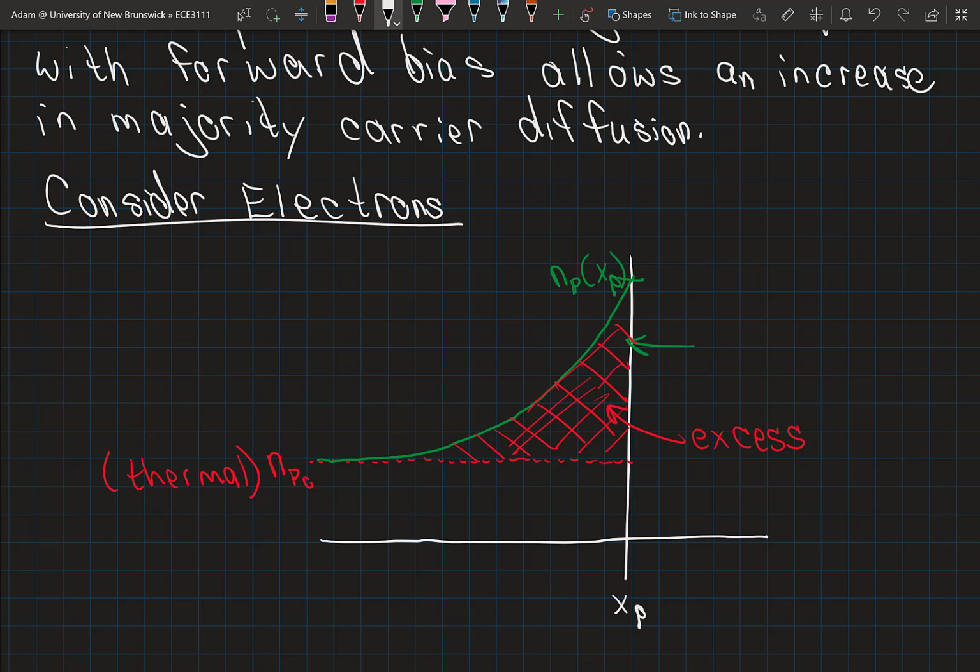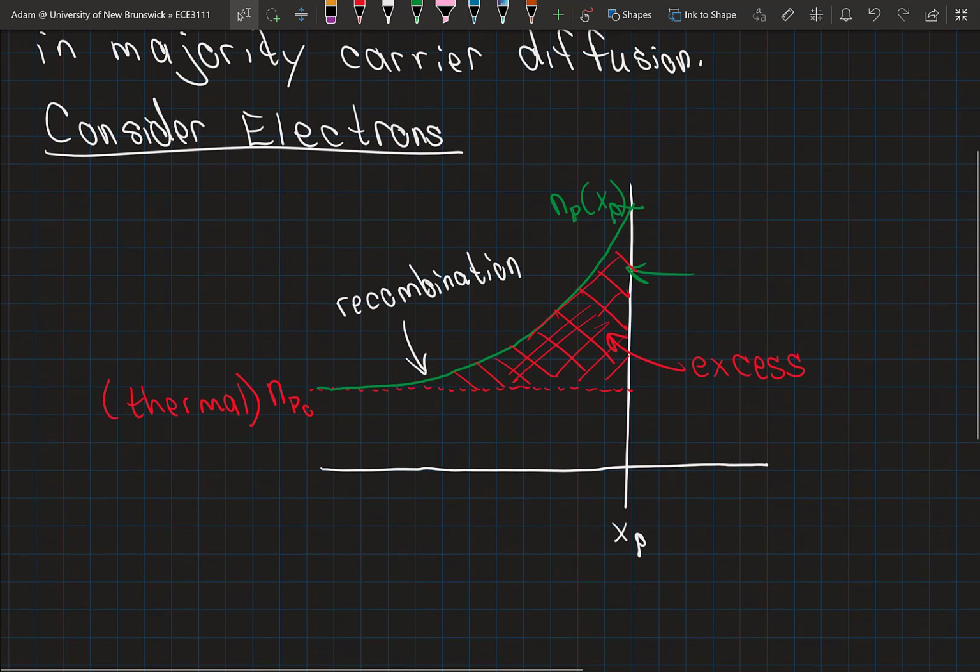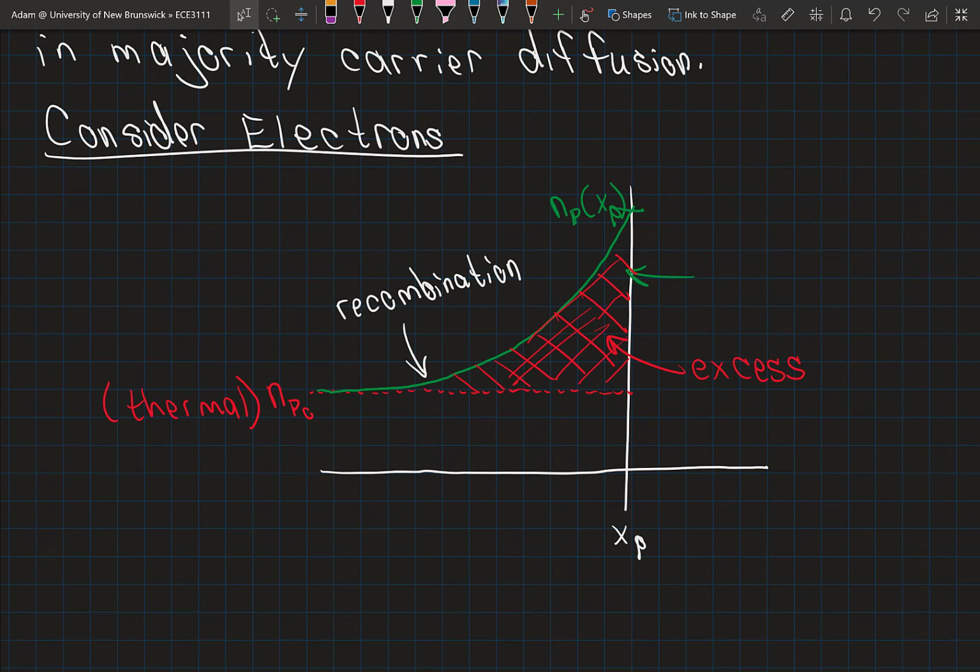However, we notice that the concentration of the electrons decays as we move away from the junction, and this is a result of recombination. Some of those injected electrons, as they move away from the junction, are going to recombine with holes and effectively disappear as charge carriers.